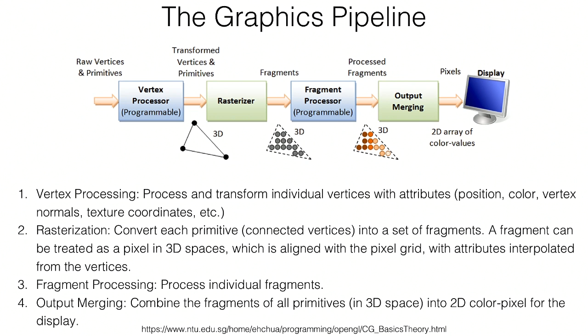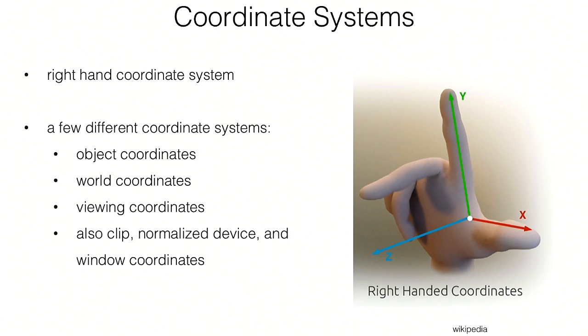Each of these stages I'll talk about very briefly now, but they all hold their special parts in the VR pipeline. The coordinate system that we're going to be dealing with is the right-handed coordinate system, and there are a couple of stages in this pipeline. There's the object coordinates, which define the space in which each individual 3D model is defined.